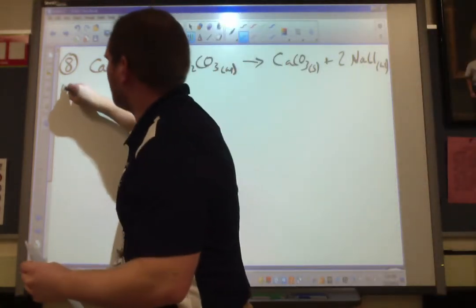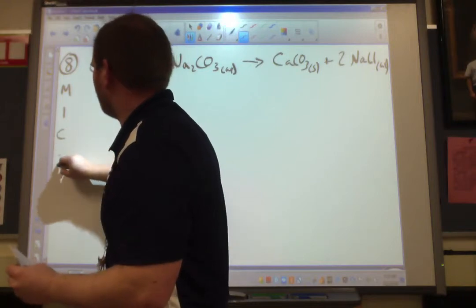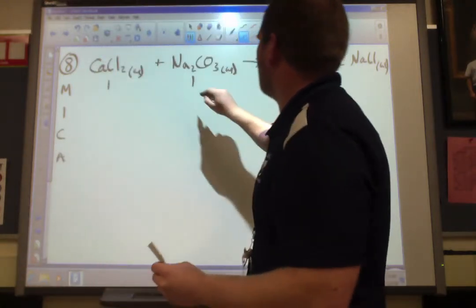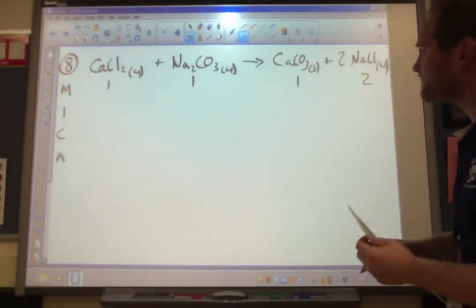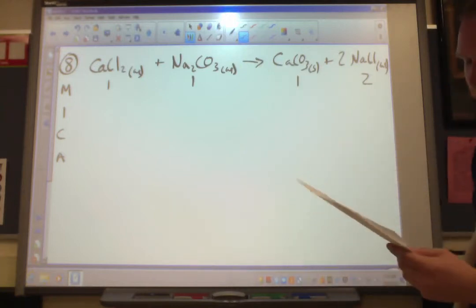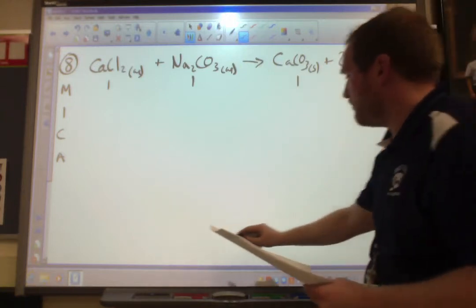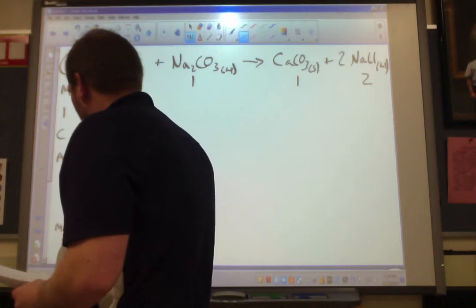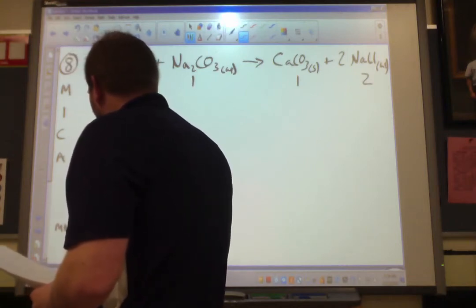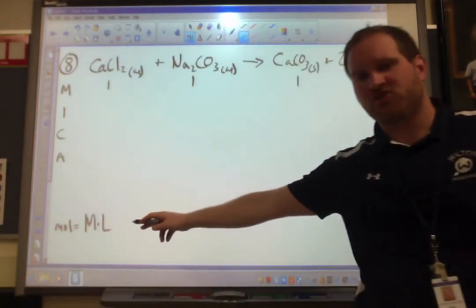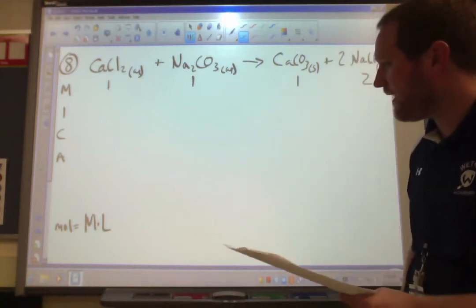So that's mole ratio, initial, change, and after. So the mole ratio is 1 to 1 to 1 to 2. So we have to find how many moles we initially have. All right, so our formula is moles equals molarity times liters. Again, you just rearrange the molarity formula to find that.